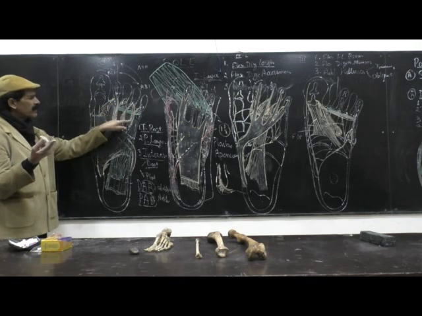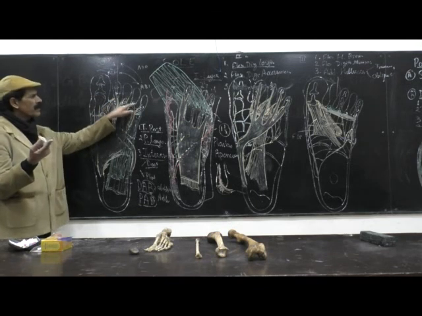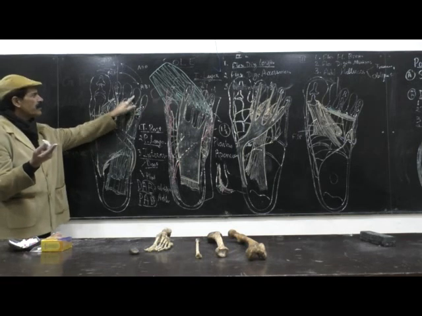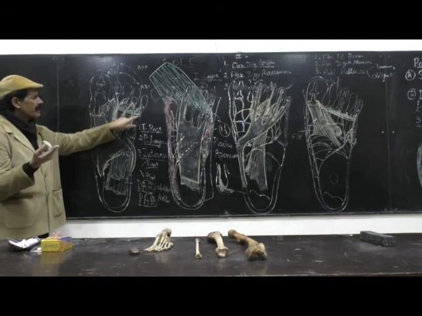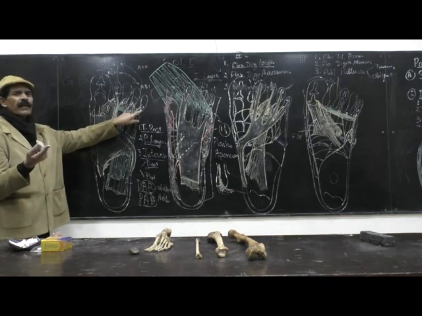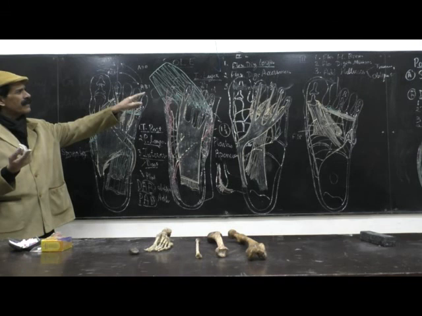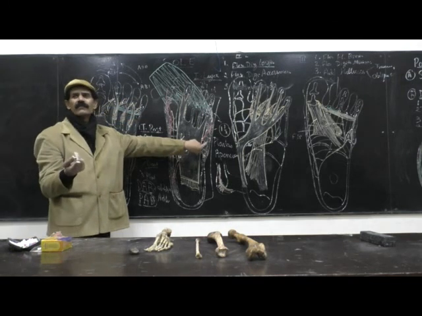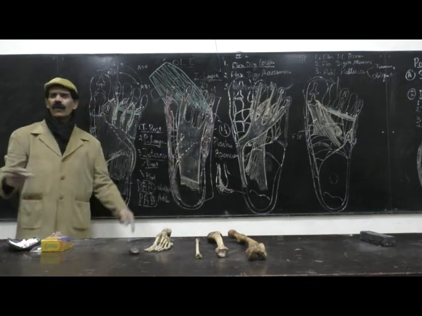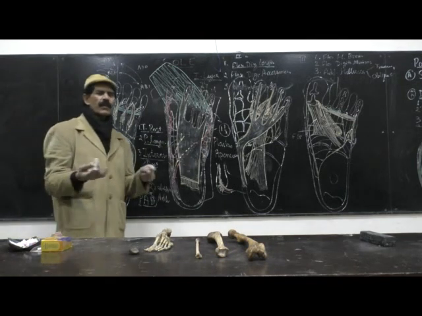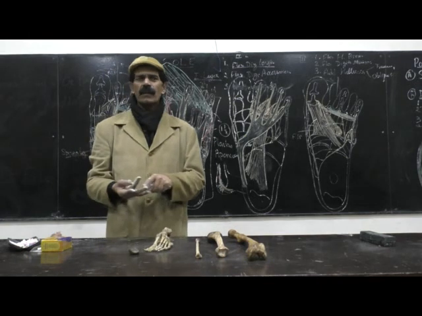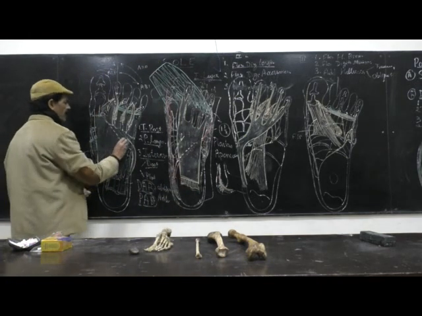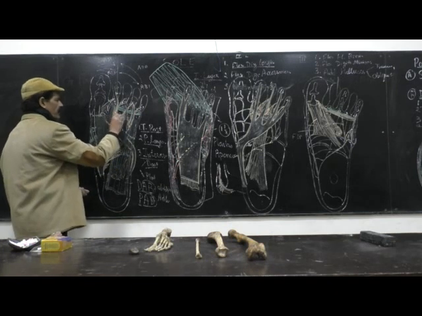Then the fourth dorsal interosseous is inserted over the lateral aspect of the third finger. When it contracts, it brings out the abduction. And there is no interosseous abductor for the little finger because it already has the abductor digiti minimi we did in the first layer. So this is how to understand, with common sense, how to remember the dorsal and plantar ones. And all are supplied by the deep branch of the lateral plantar nerve.